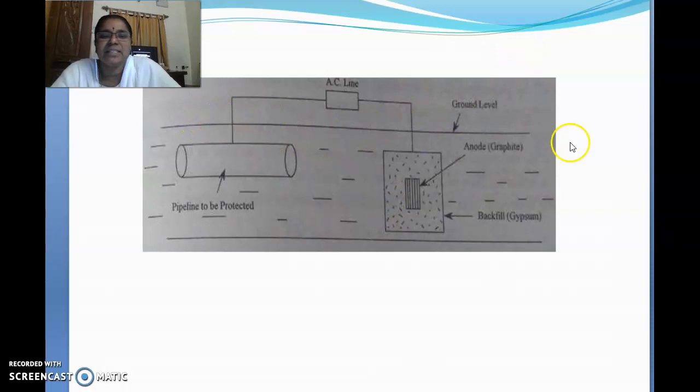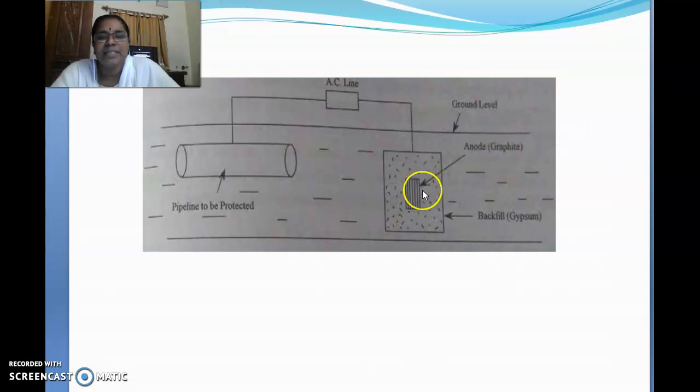Imagine this is the ground level, and this pipe is present underground and has to be protected. For this, somewhere else you have to draw an AC line, and one side you connect to the graphite, with a backfill of gypsum. Now what will happen? This has become the cathode, right? Whenever you convert the base metal into the cathode, obviously it will be protected from corrosion.